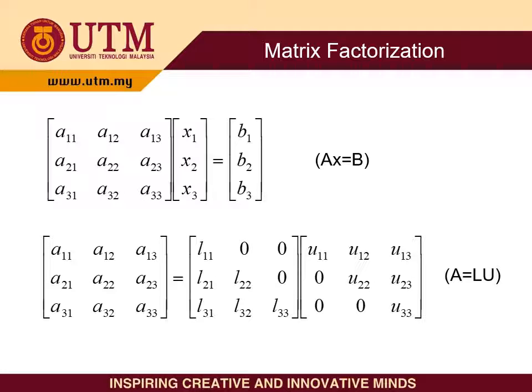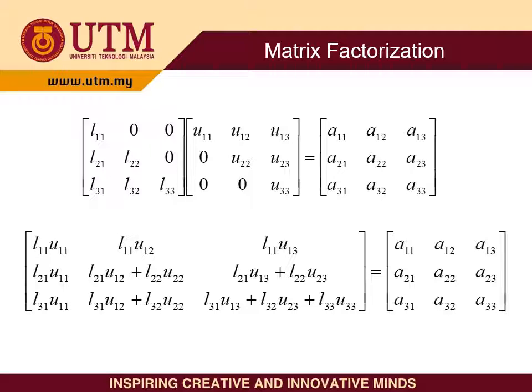Before this, we know the form AX equals B, with A, variables and B. Then for matrix factorization, we have A equals LU, where we divide A into two, the lower triangular L and the upper triangular U.